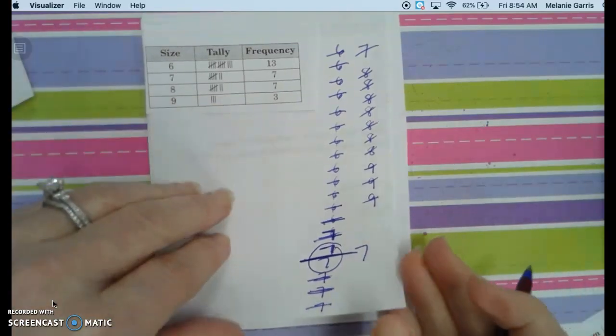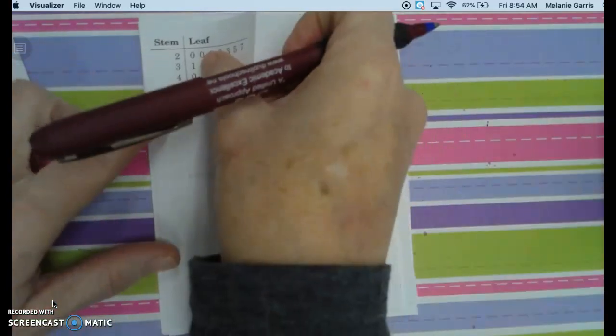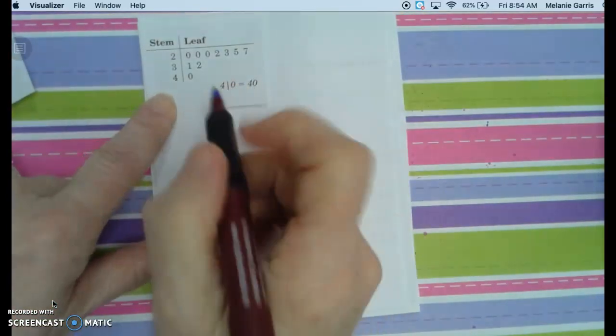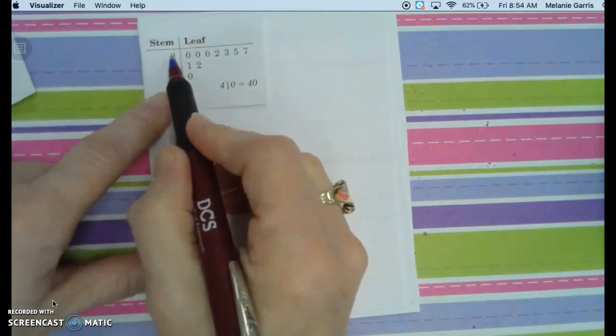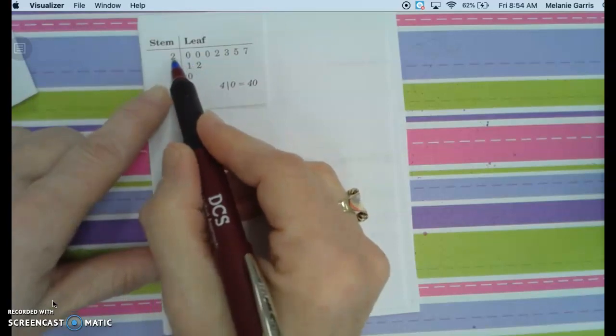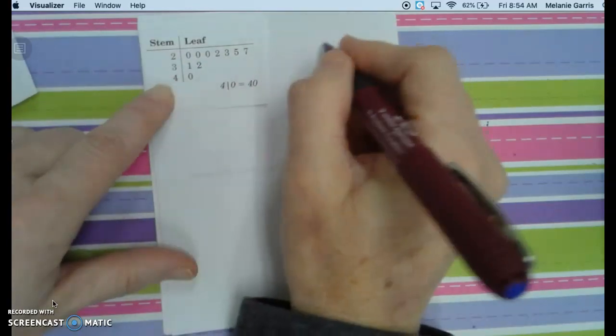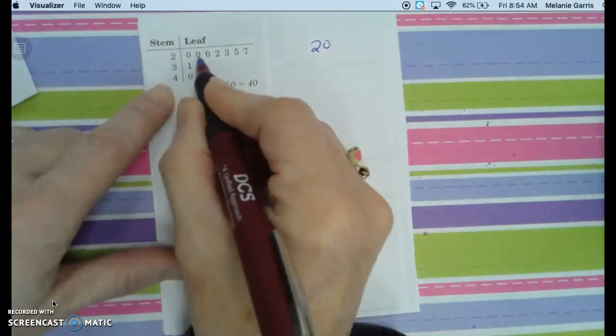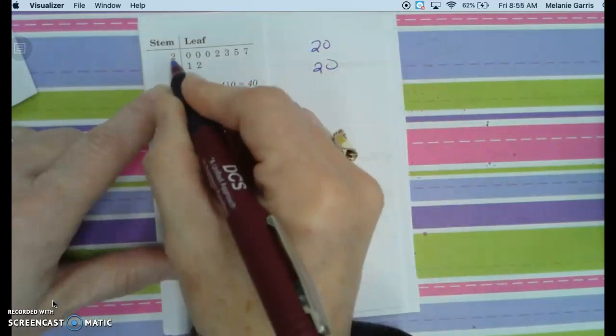Okay, so one more is a stem and leaf plot. The stem and leaf plot means that this is your first number and then this is your second number. So this is like your 10s and your 1s. So this would be a 20, and then another 20, and then another 20.